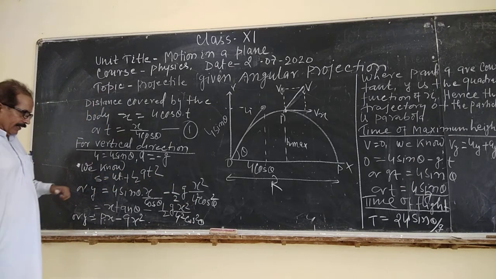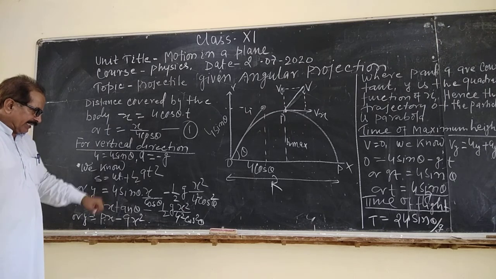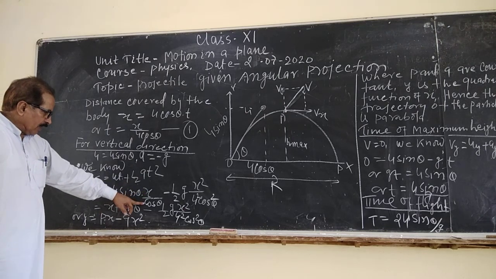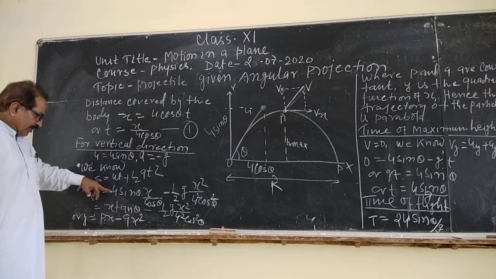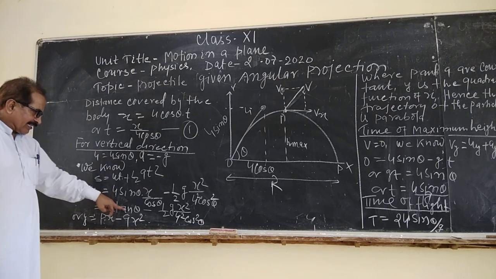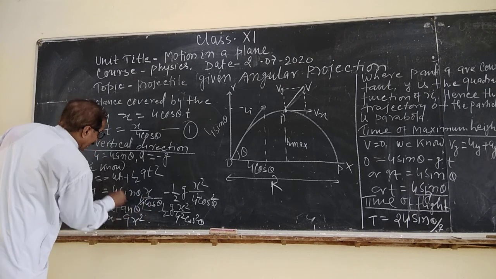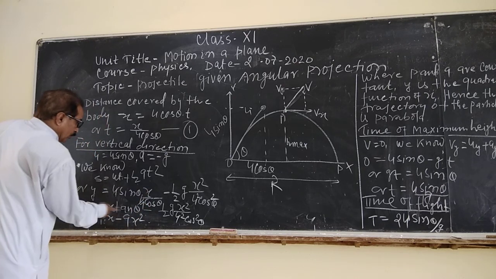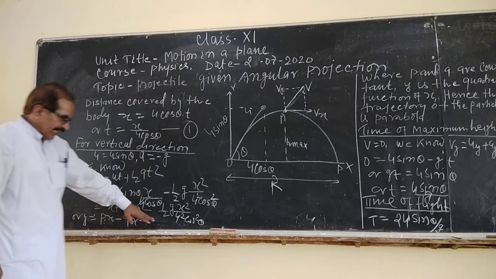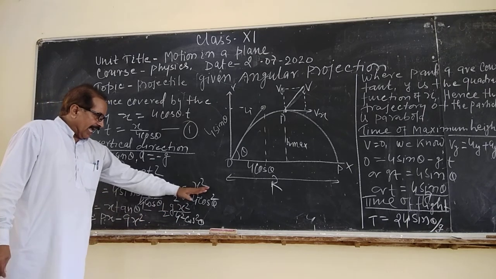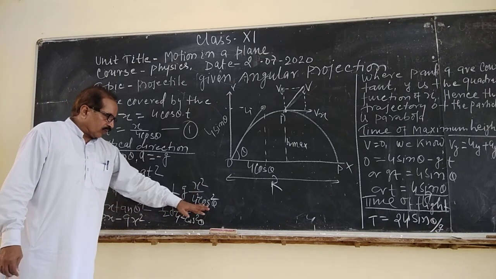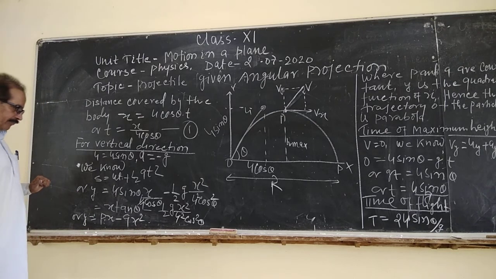And after solving, this is equal to u sin theta x upon u cos theta. So u will be cancelled, giving x into tan theta minus half g x square upon u square cos square theta.